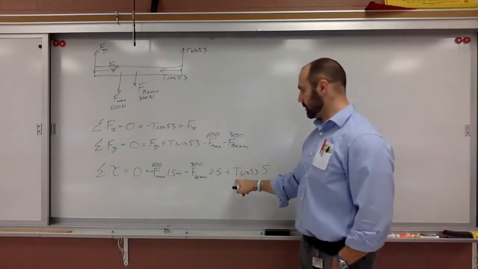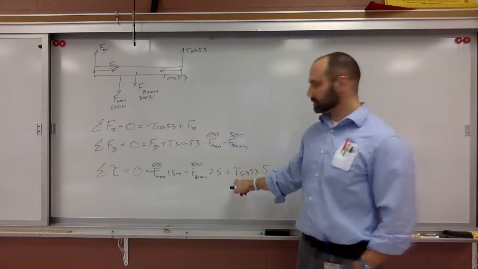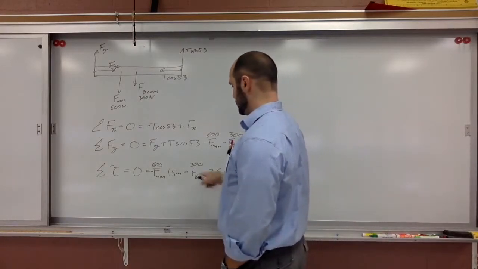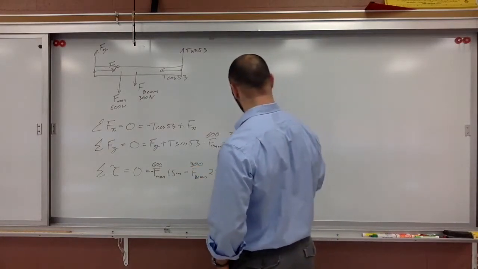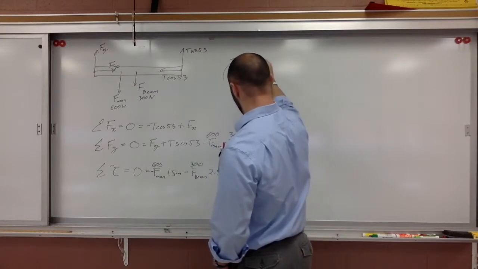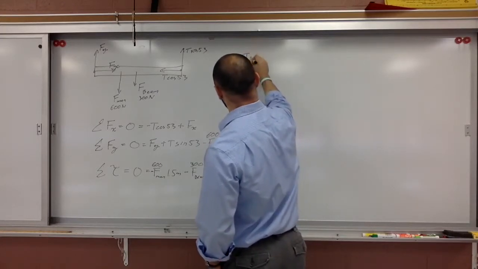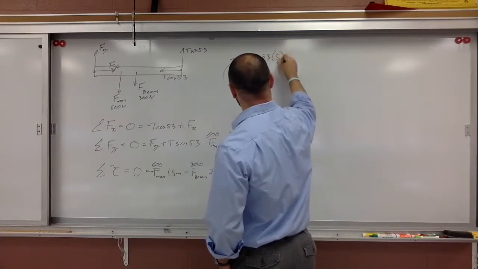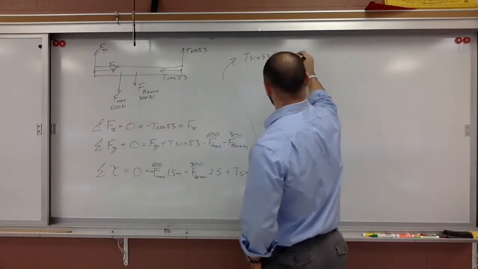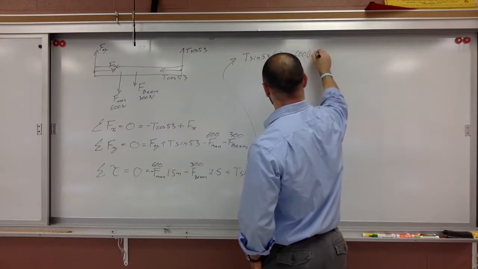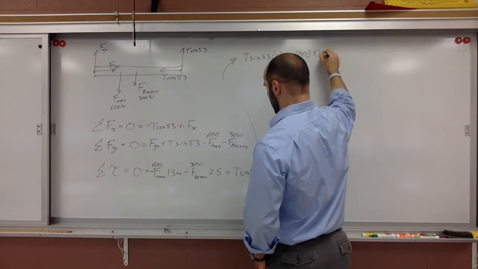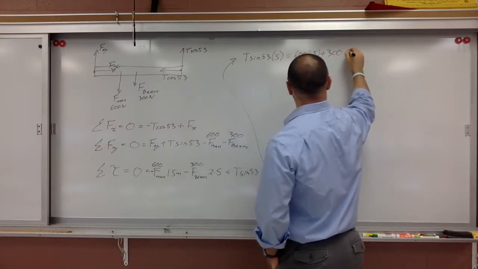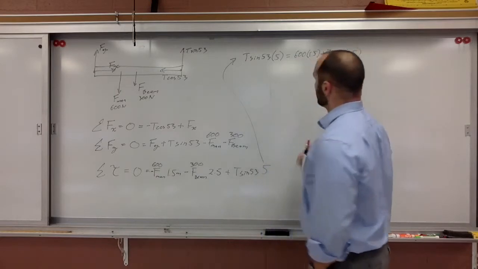Now in this equation, the only thing I don't know is T. So I can rewrite it this way: T sine of 53 times 5 equals 600 times 1.5 plus 300 times 2.5.